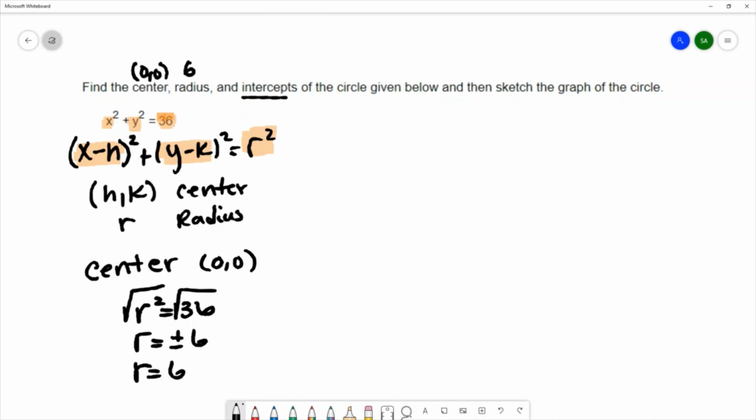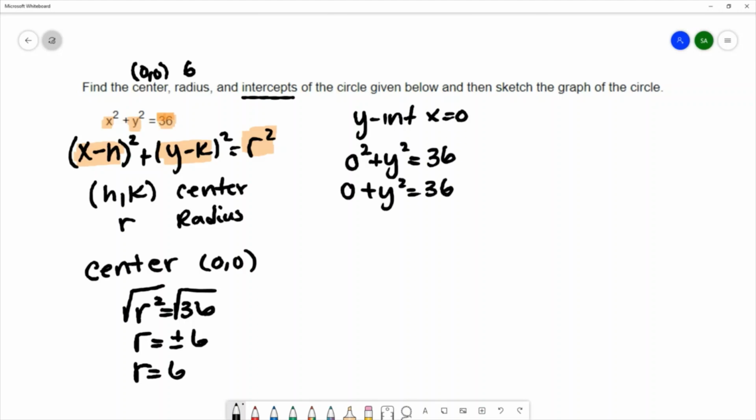Then we need to find the intercepts of the circle. I'll find the y-intercept by letting x equal 0. I'll substitute a 0 into the equation to get 0 squared plus y squared equals 36. 0 squared is 0.